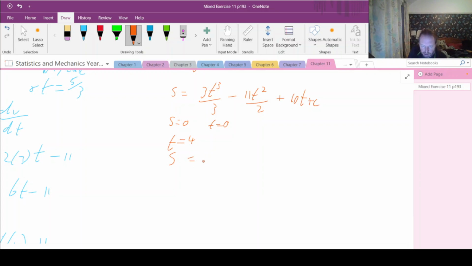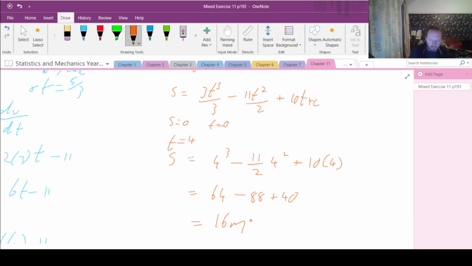The 3s cancel, so we end up with 4 cubed minus 11 over 2 times 4 squared plus 10 times 4. 4 cubed is 64. 4 squared is 16, times 11 divided by 2 is 88, plus the 40. So 64 minus 88 plus 40 gives us 16 meters.